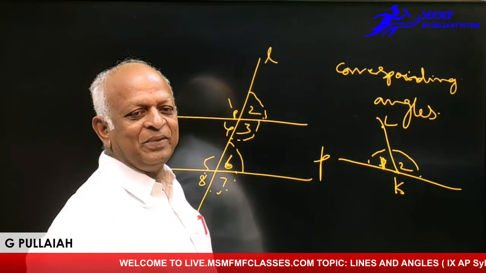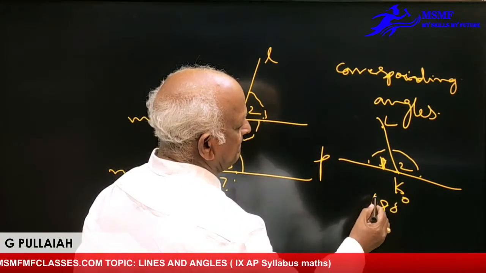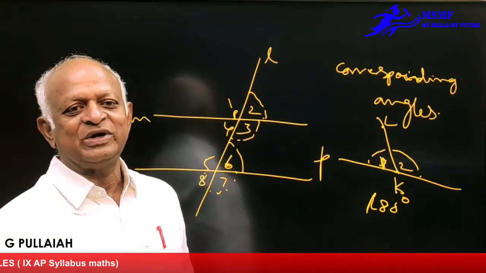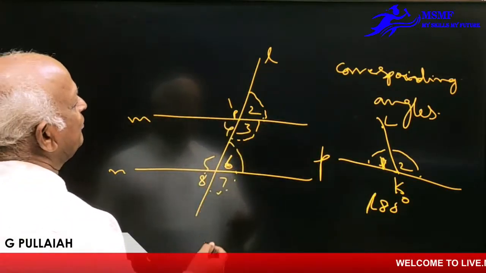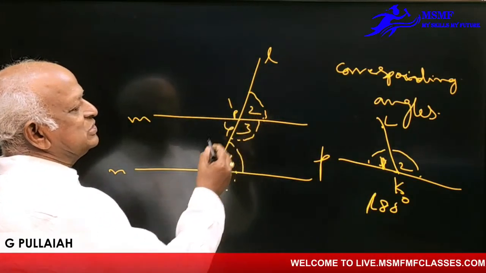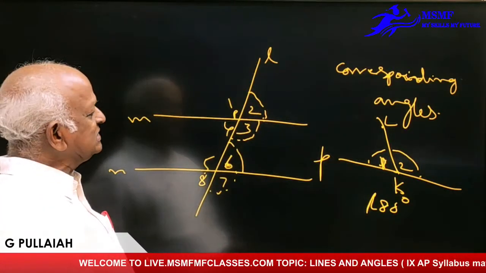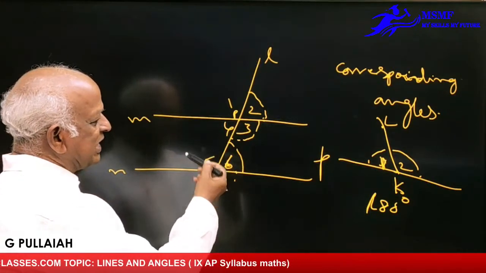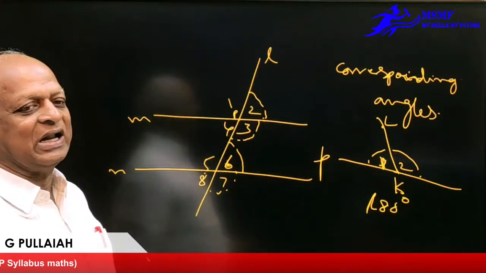Remember very carefully, straight angle is 180 degrees. In this case, 1 plus 2 is equal to 180 degrees. If you take 2 plus 3, 180 degrees. 6 plus 7, 180 degrees. 5 plus 8, 180 degrees. Because they form a straight angle.